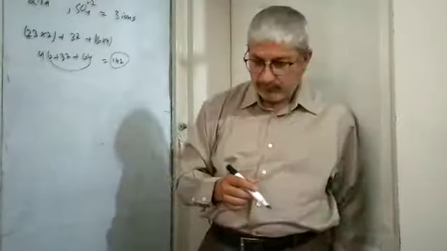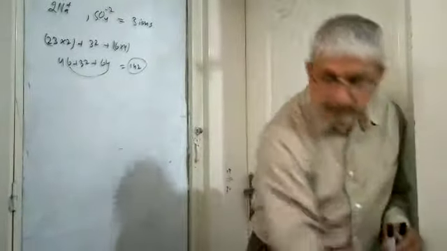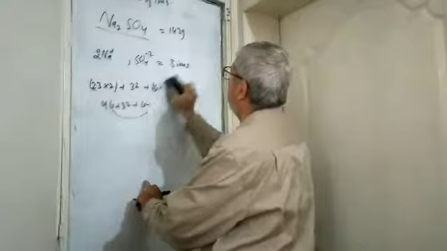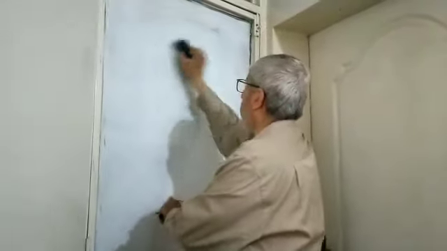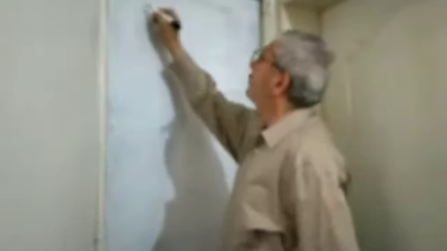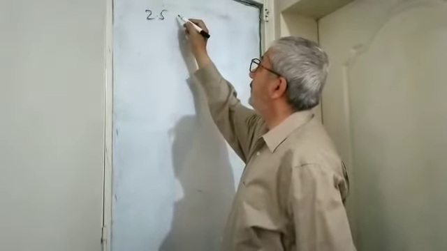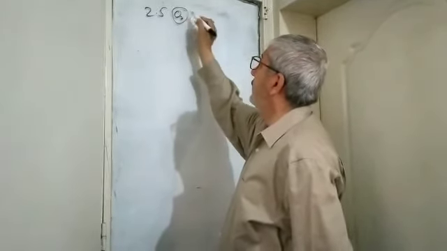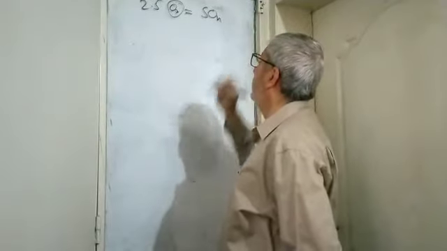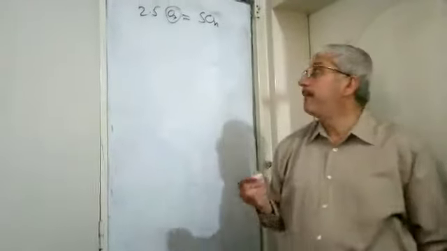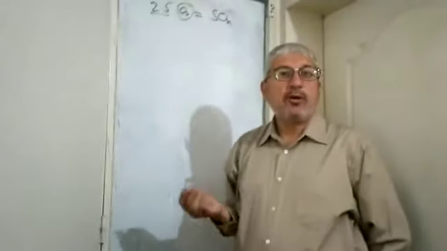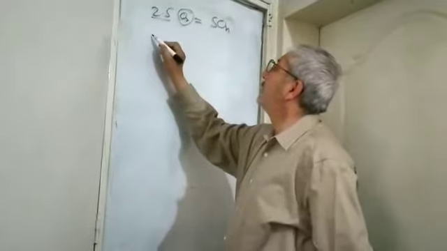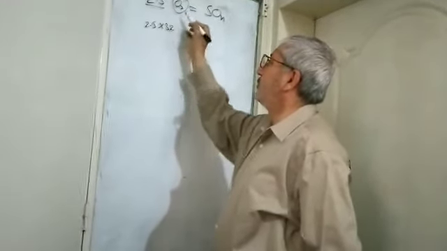You are told that 2.5 moles of oxygen gas has the same mass as 1 mole of SOn. What is the value of n? Now, you have to understand it. 2.5 moles of oxygen is equal to SOn, and they are asking about the n. What will you do? First of all, find the mass of 2.5 moles of oxygen, which is 2.5 multiplied by 32 because it is O2.